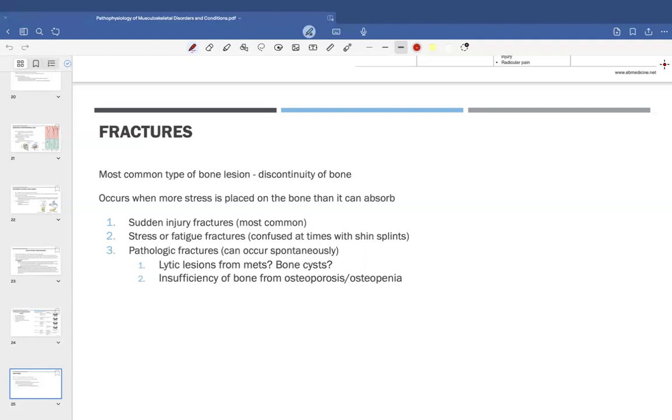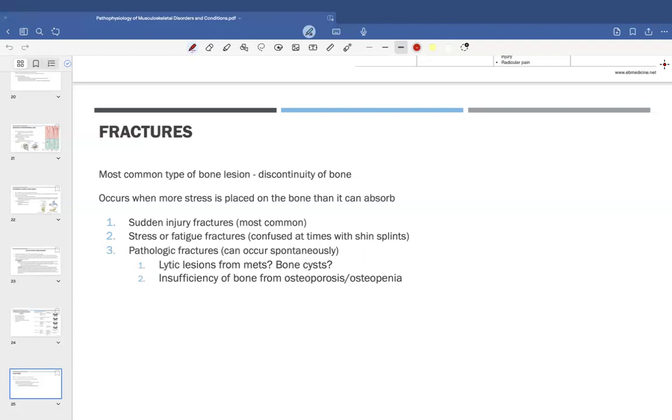Because ideally we want it to heal to return the best function possible. And if we don't align it well, or it's offset or displaced or angulated, then you're gonna have deformity, and that's gonna affect function.